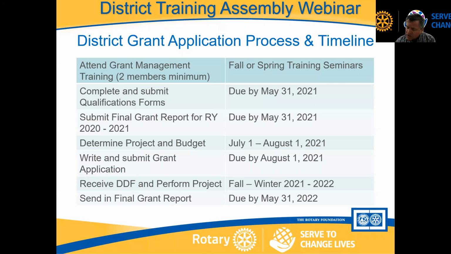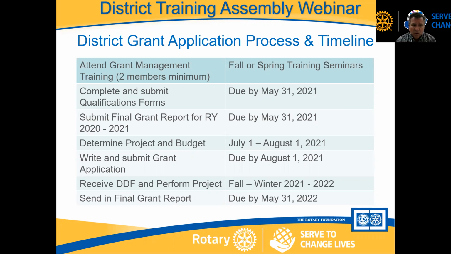Other than that, there's not too much to them. This is a key though, which is getting your grant report in for this current Rotary year also by May 31st. So right now it's May 27th, and I probably have seen less than half of the clubs already submit their district grants. So it's a little bit of a scramble.